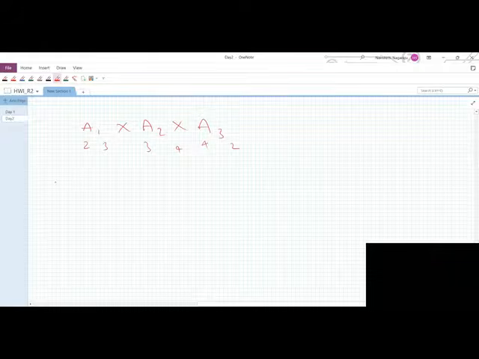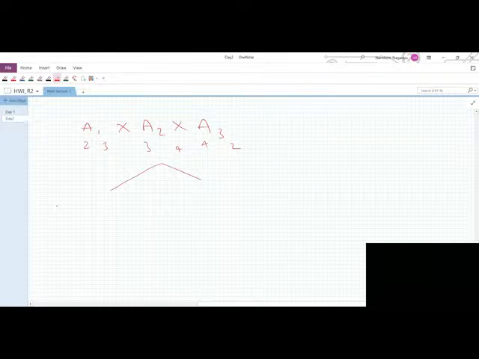Here, as I told, it is matrix A1 into matrix A2 into matrix A3, and I told you the number of rows and columns in these are 2, 3, here 3, 4, here 4, 2, and when we try to multiply it, we have 2 options.